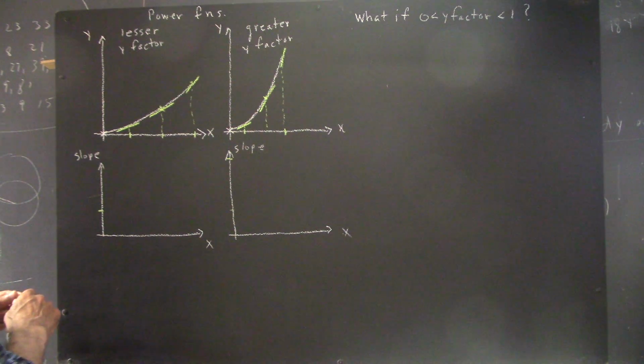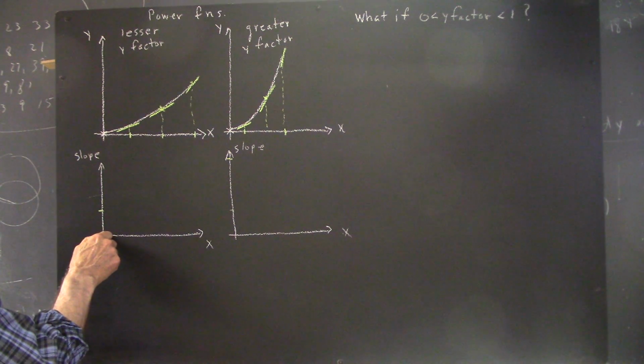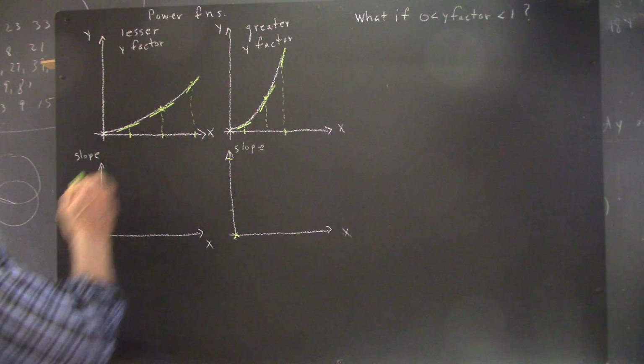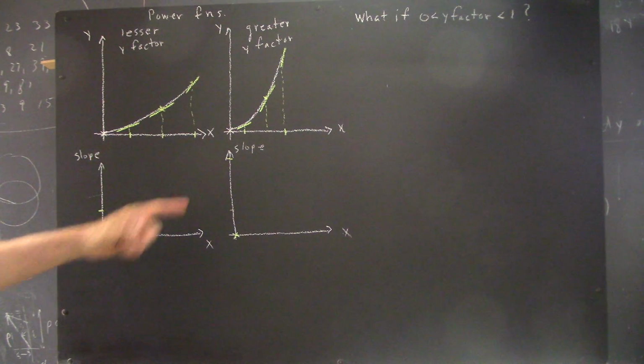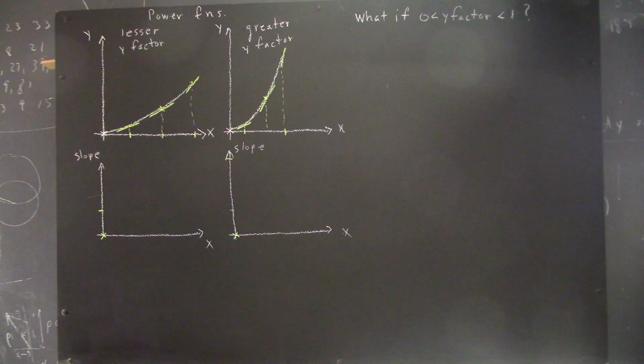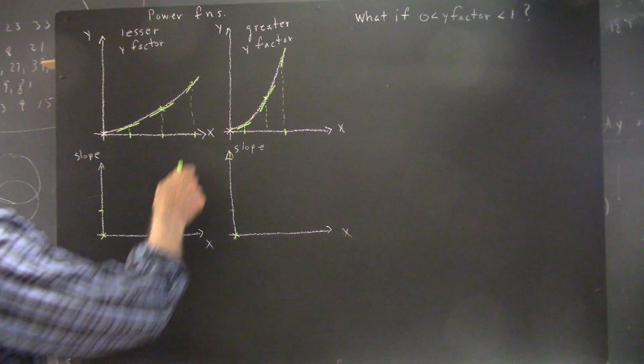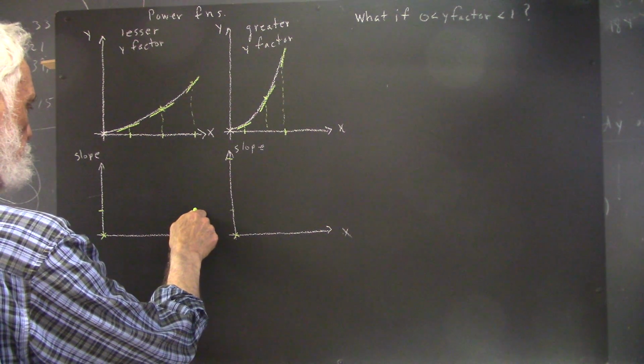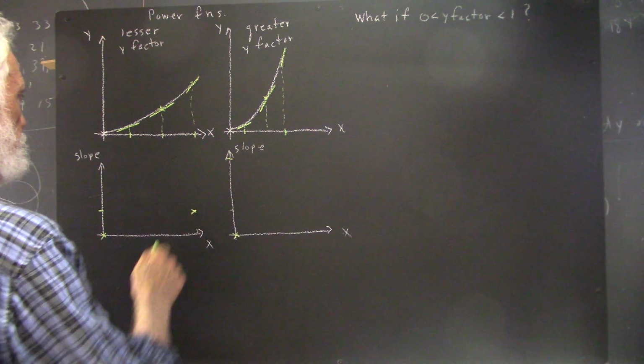And now we're going to assume that the slope is 0 when x equals 0 for these graphs. That can be proven. We haven't talked about how to prove it. So that at this x coordinate out here, we finally get up to this slope.